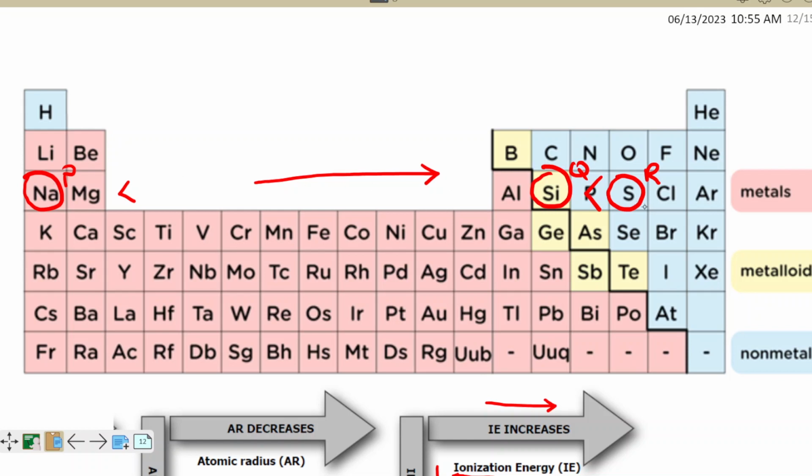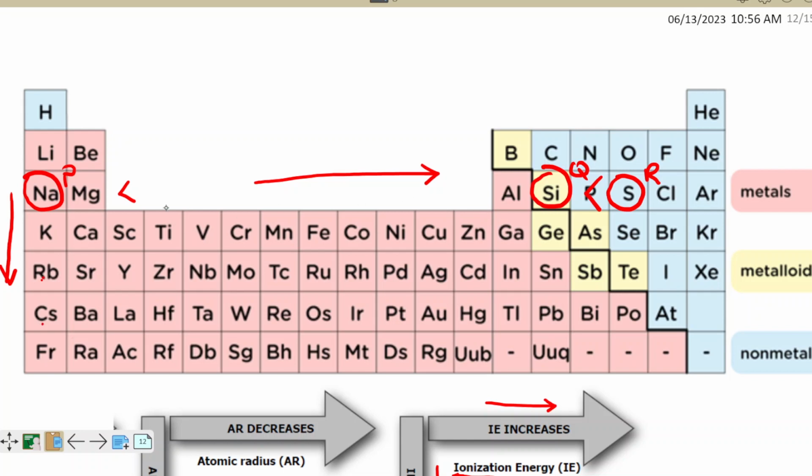But if you go down the periodic table, the ionization energy of sodium is bigger than that of K, that of K is bigger than that of Rb, that of Rb is bigger than that of Cs, etc.